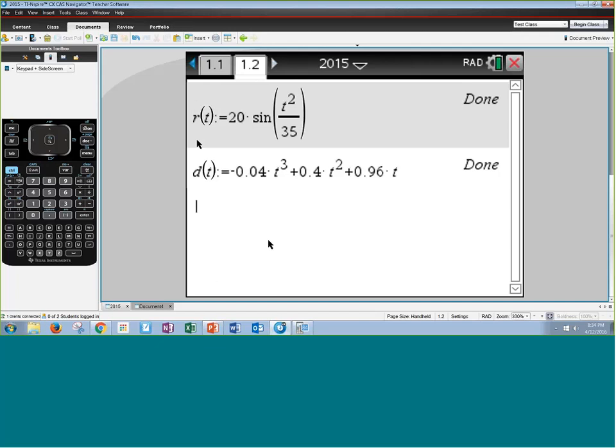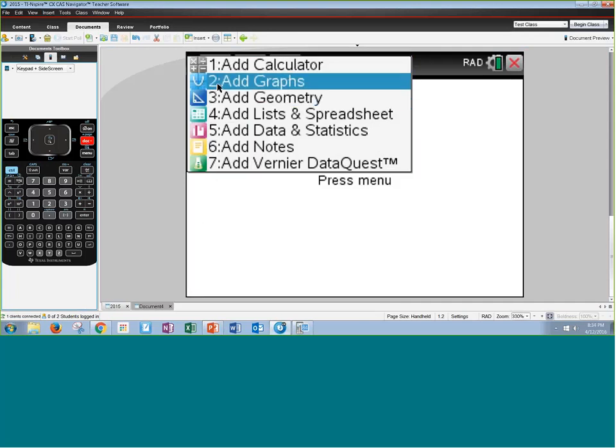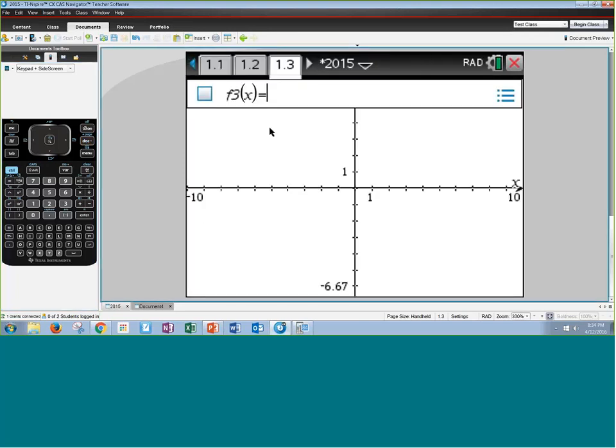I tell the students to define it in terms of the variable that we're actually using, so we define it in terms of t. But if they want to graph it, when I add my graphing screen, it's very easy. They don't have to retype it, so they can just put, if one of them was r of t, we can just put r of x, and down arrow, and the other one was d of x.